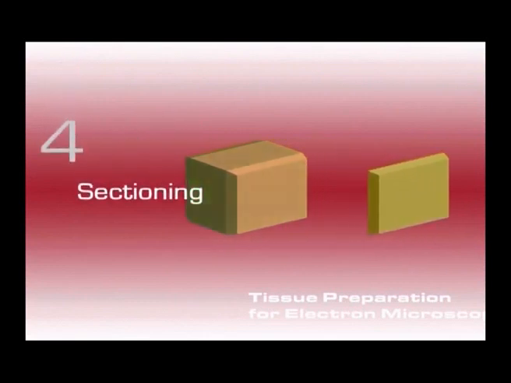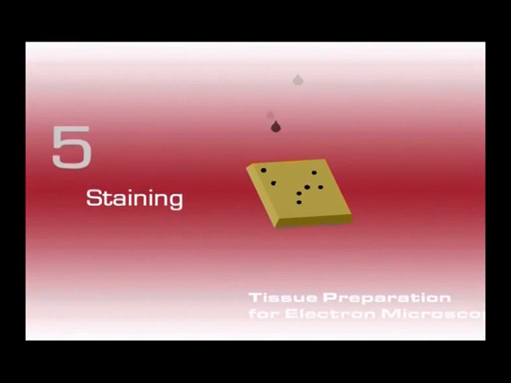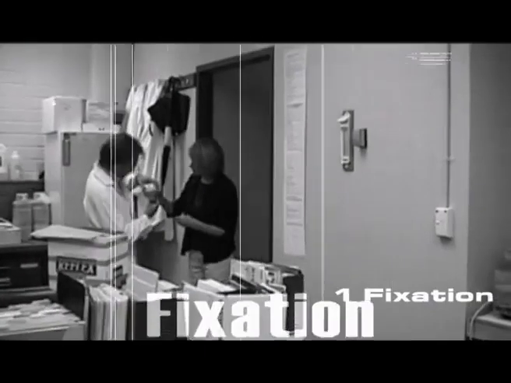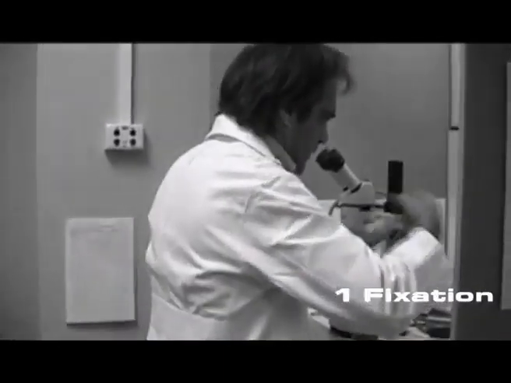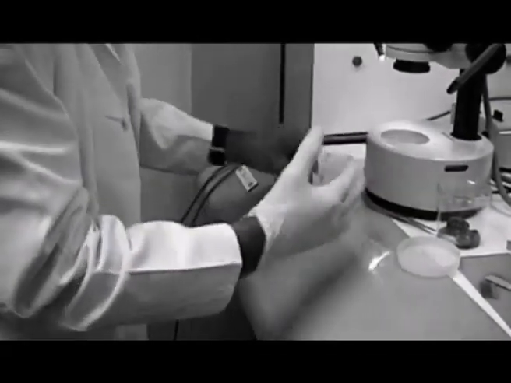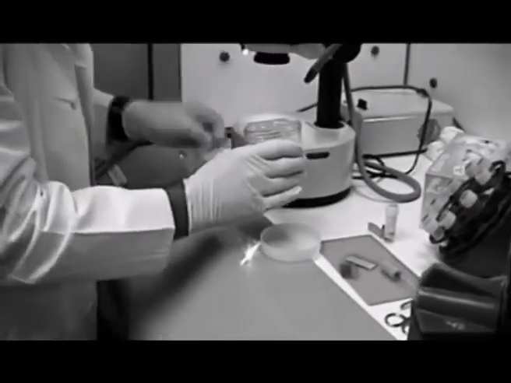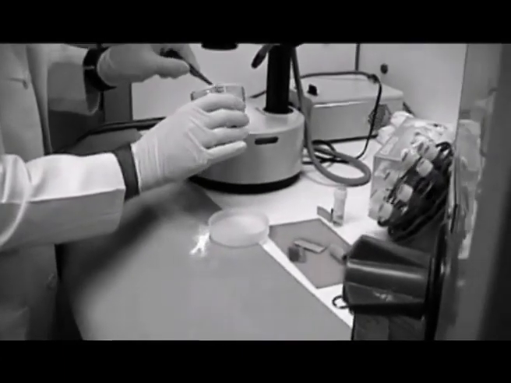Fixation is the first step in tissue preparation. It stabilizes the cellular organization. Cellular structure is best preserved if fixation occurs as close as possible to cell death. Tissue samples are cut into small pieces of about a cubic millimeter before being immersed in the fixative solution.